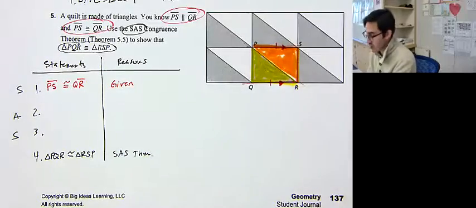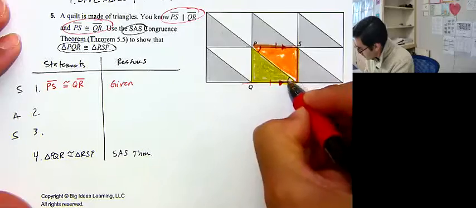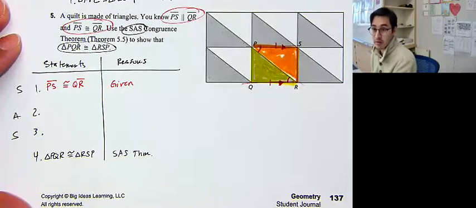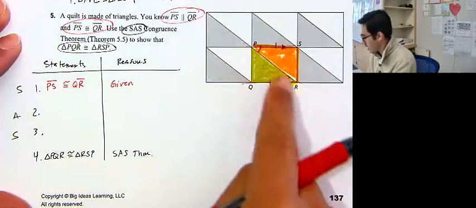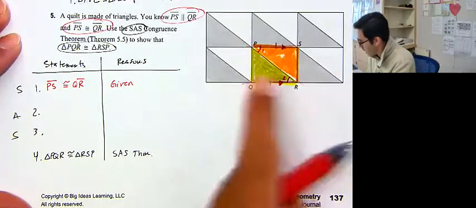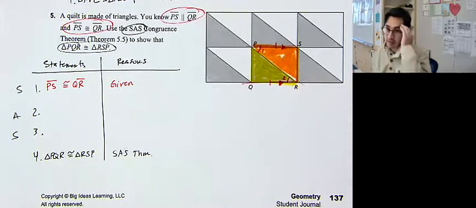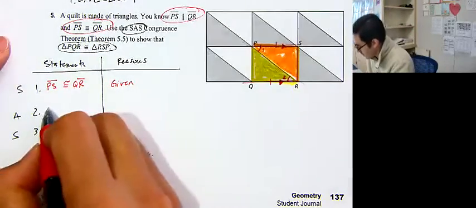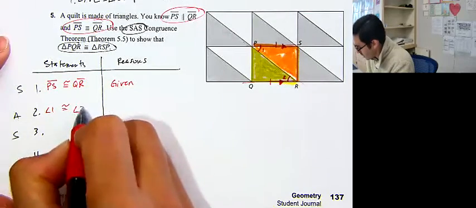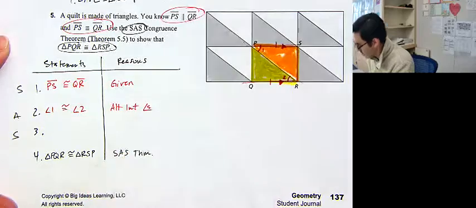And what we remember about transversals is that the alternate interior angles will be congruent. Right? So I can claim that, let me call this angle number 1 and angle number 2. Angle 1 and 2 are congruent because they're alternate interior angles. Angle 1 congruent to angle 2, alternate interior angles.